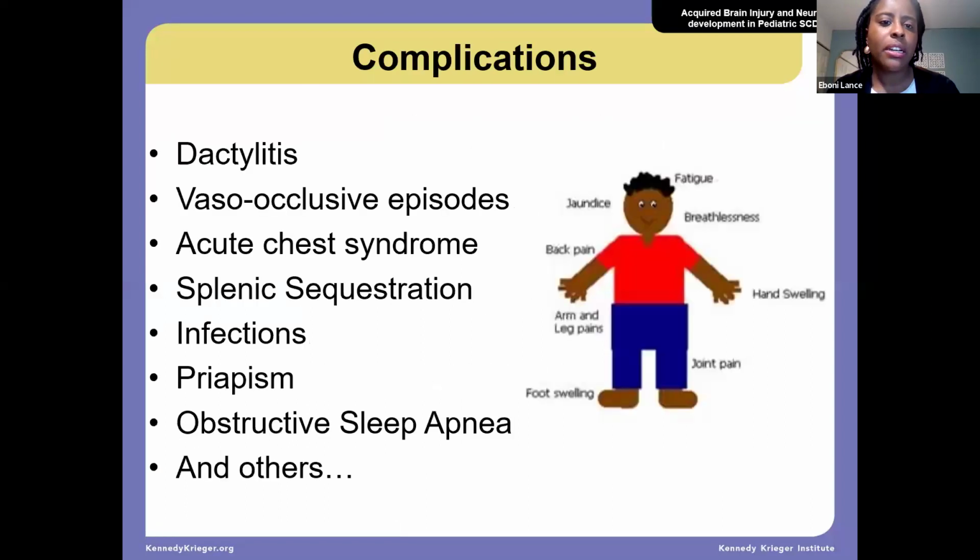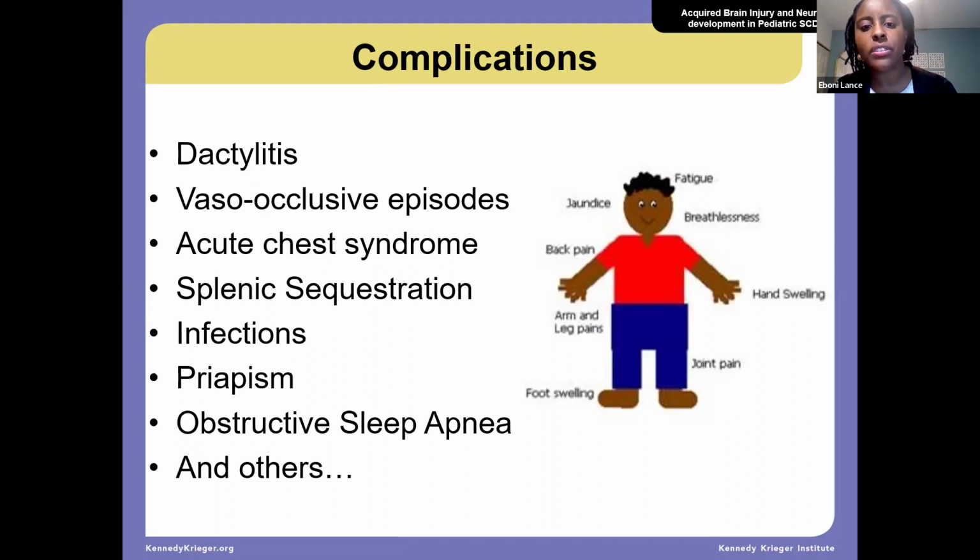In addition, and again, I believe most of you know this, sickle cell disease is a systemic disease affecting multiple areas of the body. And so these patients can have pain crises, or vaso-occlusive episodes, that can be quite severe, requiring hospitalization.